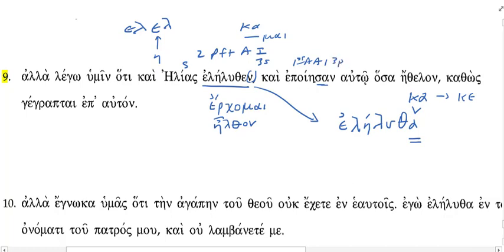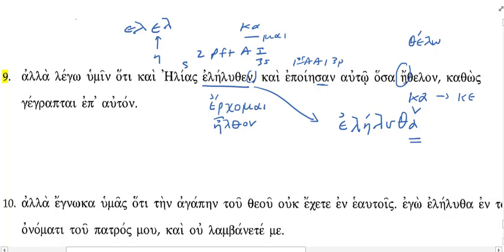And they did auto, to him, hosa ethelon. From what verb? This is from thelo, which means to will or wish. So here I have an augment.